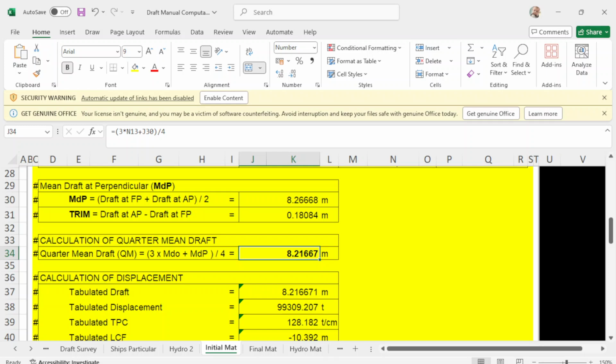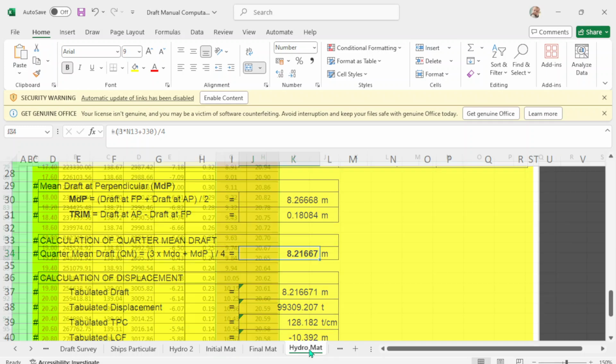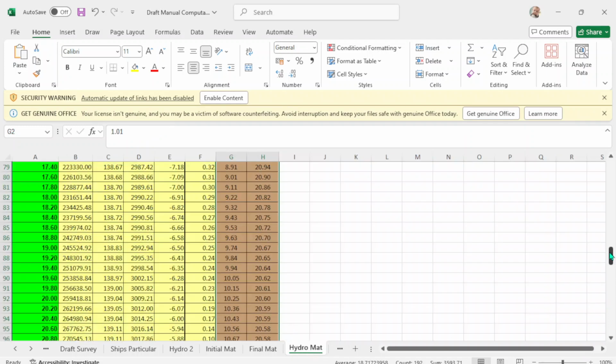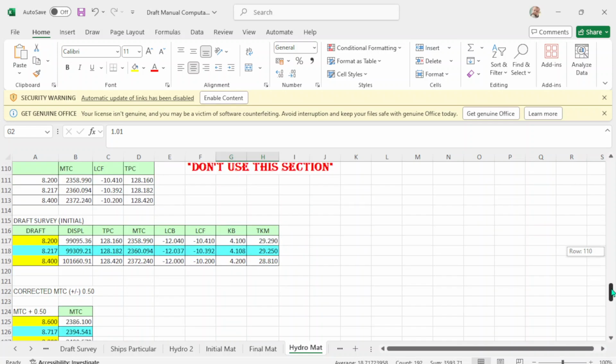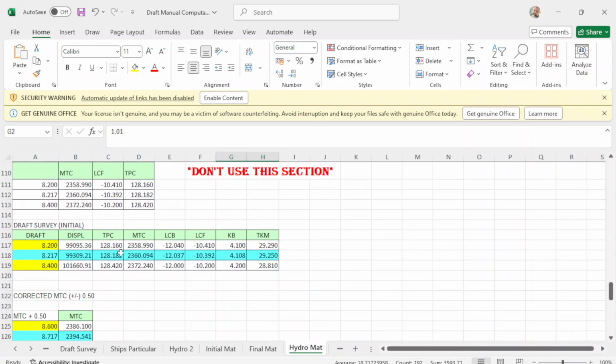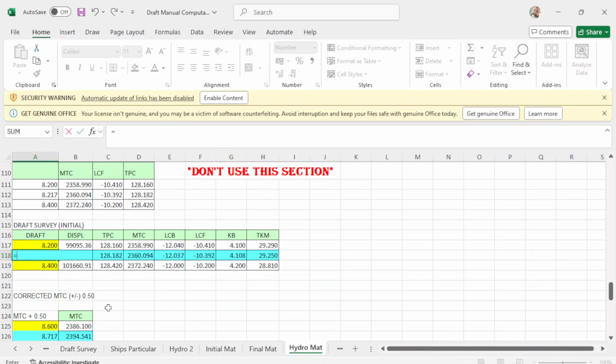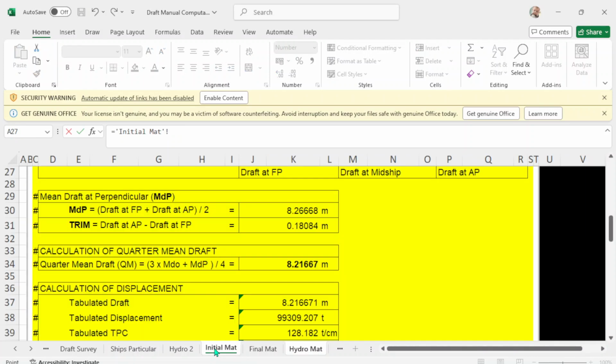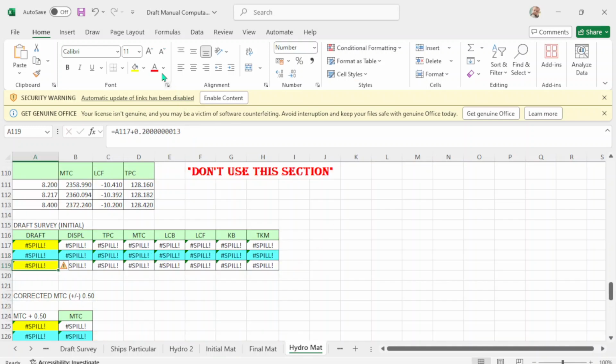Okay, quarter mean, you go to your hydrostatic table, go down, you see this initial survey, you press this one, put equals. Then go to your initial. Quarter mean, then you press enter. Oh, I'm sorry.